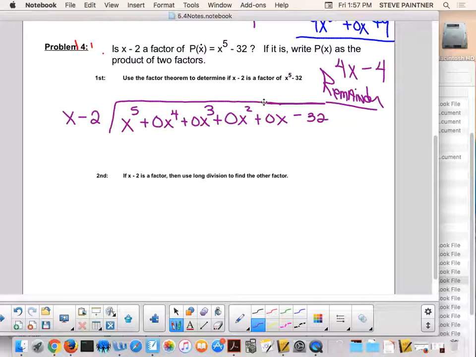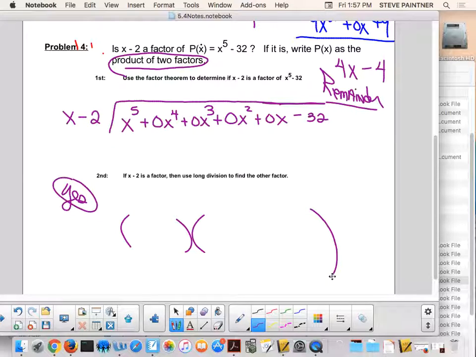And by the way, the answer, it has a remainder of 0. So this would be a what? This would be a yes. Okay. And then they want you to do this. They want you to write your polynomial as the product of the two factors. Well, wouldn't it be what then? What two factors? Binomial.